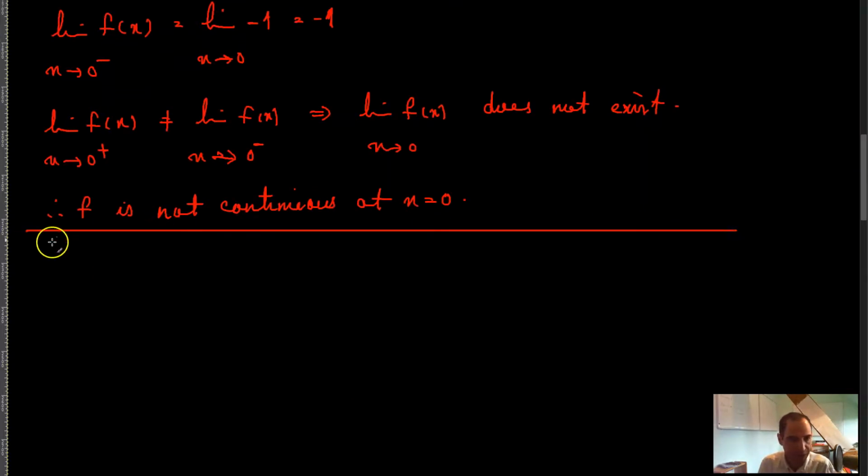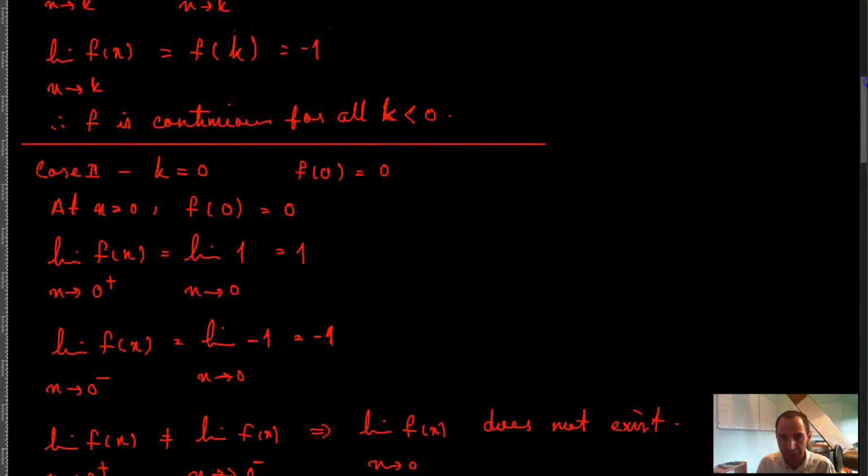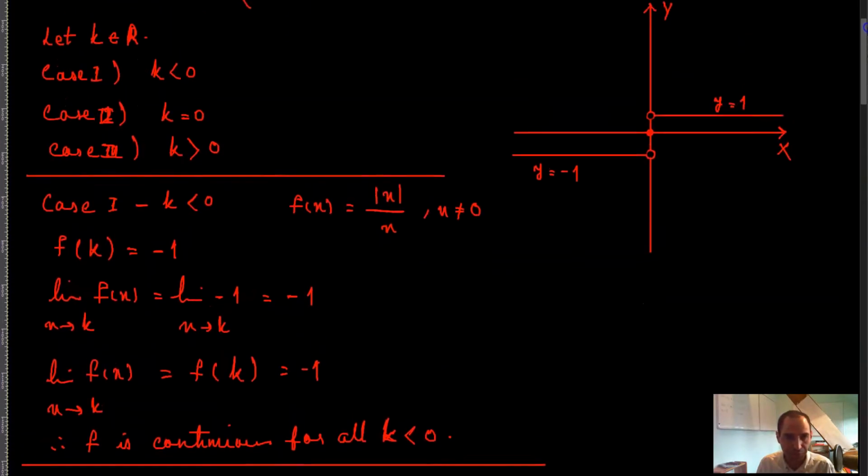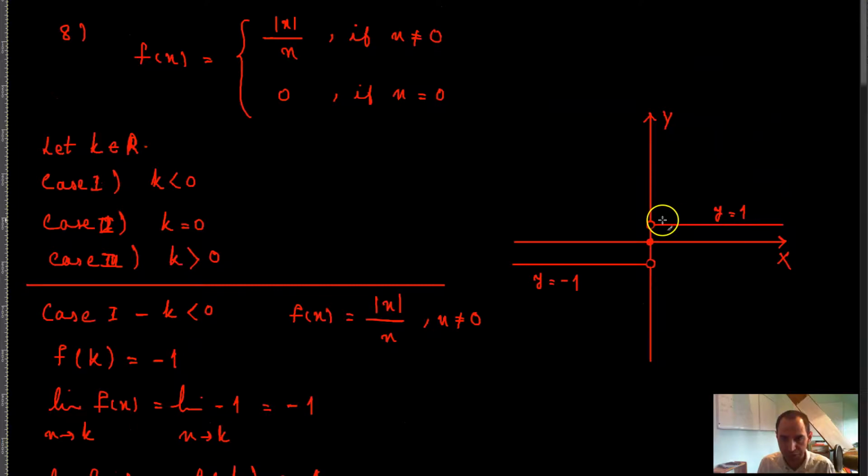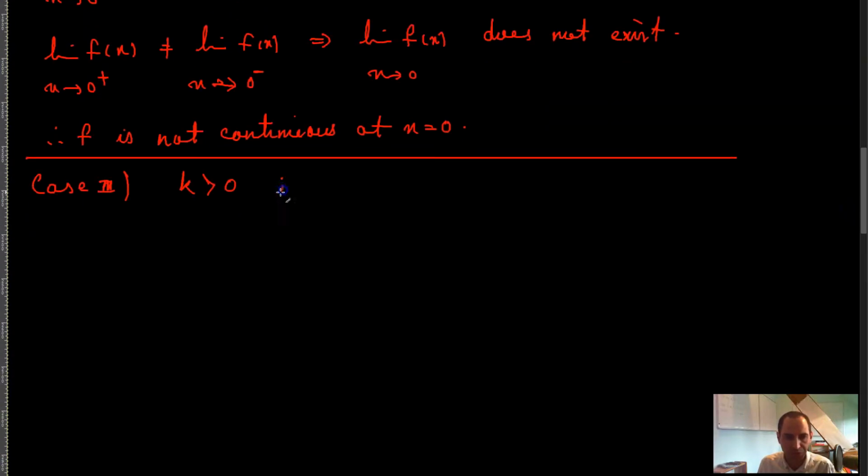Now case 3 was, okay, so now case 3, basically we said that for k greater than 0, and over here you can see that if k is greater than 0, the output of the function becomes f of x is equal to 1, right? So over here you have f of x is equal to 1.